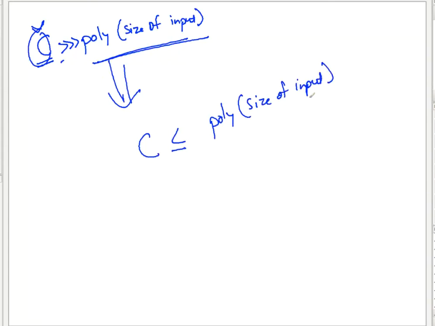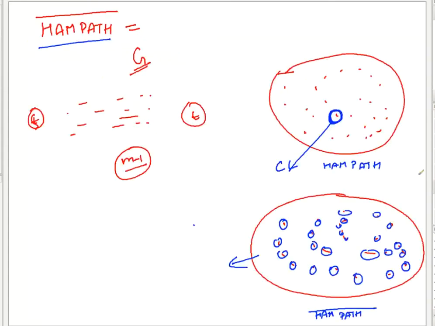And that is the only reason that we were unable to say that Ham path complement has a polynomial time verifier, because here the certificate was containing all possible paths of length m minus 1, which is order of m to the power m, while the input size is only m. So you cannot consider a certificate of size beyond polynomial of m.